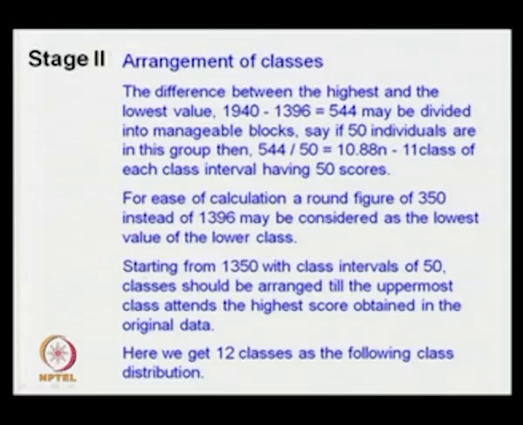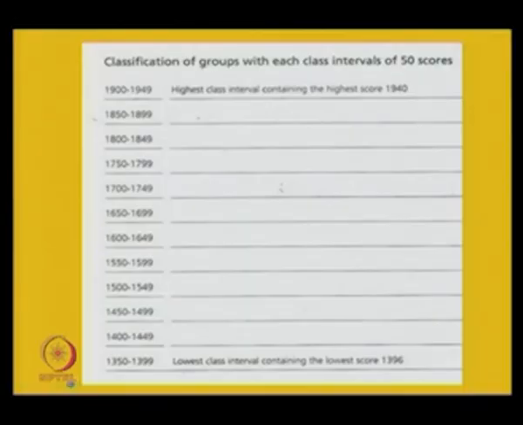So, starting from 1350 with class intervals of 50, classes should be arranged until the uppermost class attains the highest score obtained in the original data. Here we get 12 classes as the following class distribution.